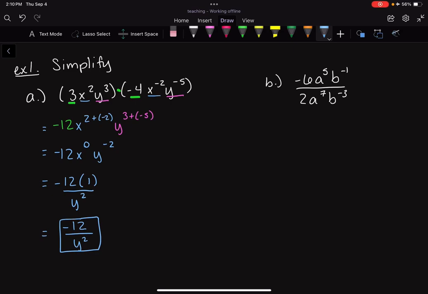So let's say on a test you stop here. So you don't simplify to the x to the 0, and then you don't simplify the negative exponent. You are going to lose some points for this question, but as long as I can see some work, you wouldn't lose everything. So you would get partial credit for this one.